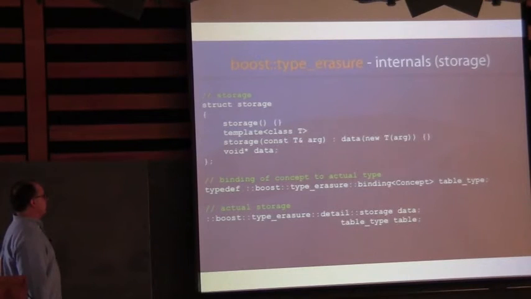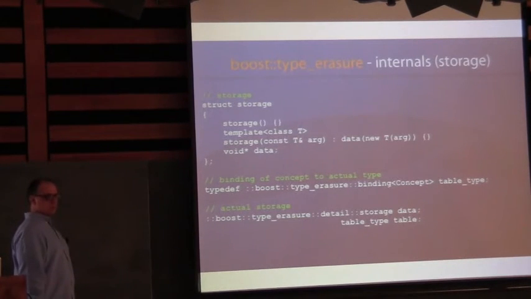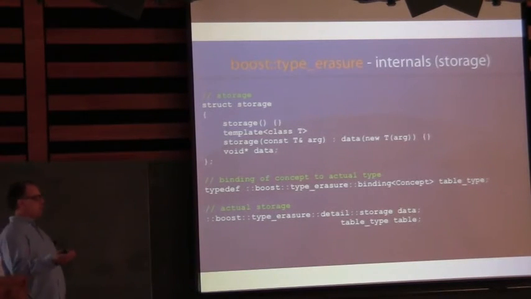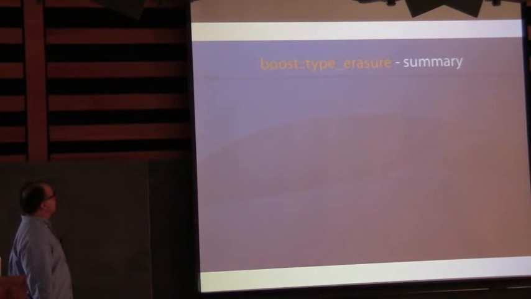The binding of the concept to the actual type happens through the binding template, and then there's an actual storage in data, and then there's a table type, which essentially holds your concepts, if I remember correctly. It's basically the same as the vtable. Right. Just static. So that's the real contribution of the type erasure, that it alleviates those virtual calls that you can get with the virtual hierarchies.